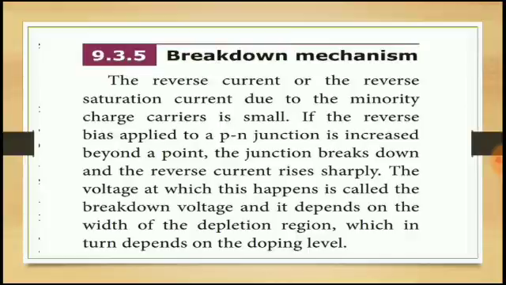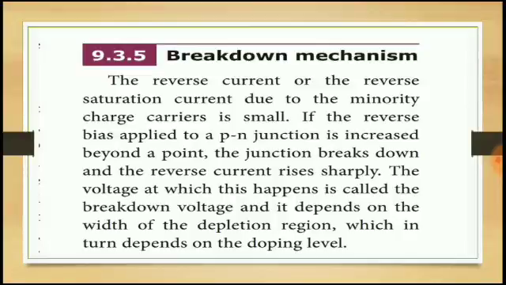See this, the reverse current or the reverse saturation current due to the minority charge carriers is small. So if the reverse bias applied to a PN junction is increased beyond the limit, the junction breaks down and the reverse current rises sharply.